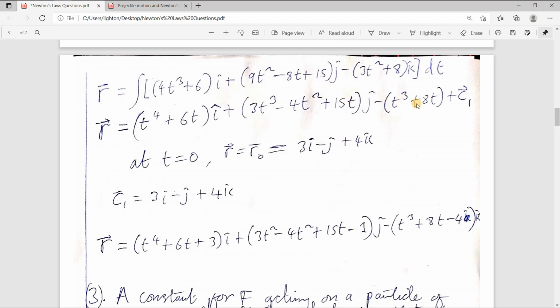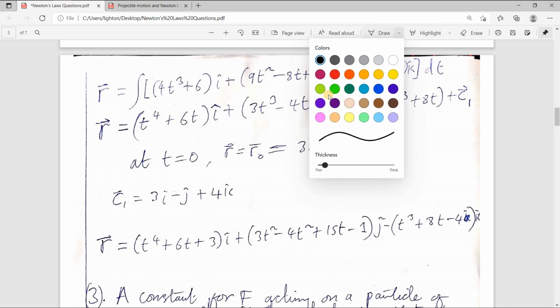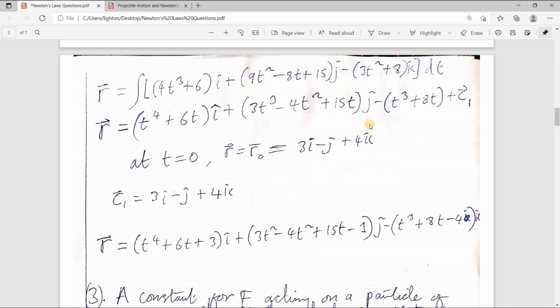And this part here is the part in the k hat. So mind you, there should be a k hat here. Let me just do it quickly. Let's just do that, and add a k here.